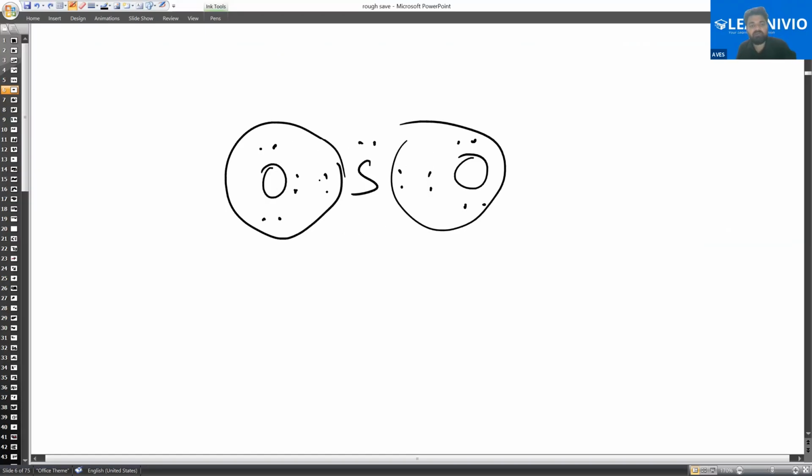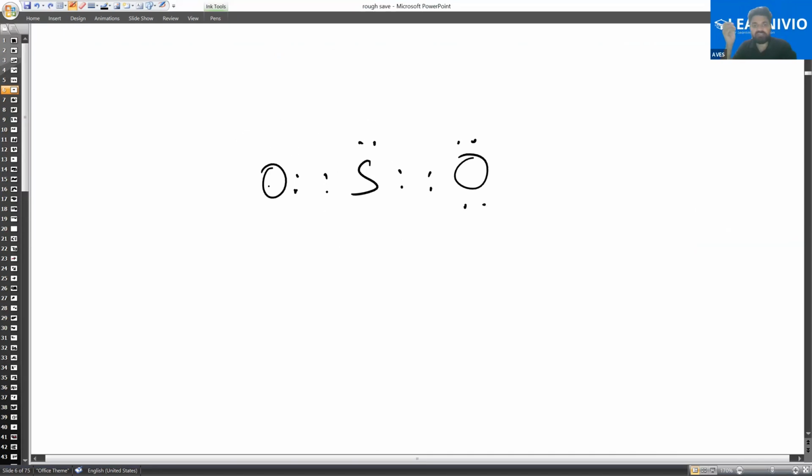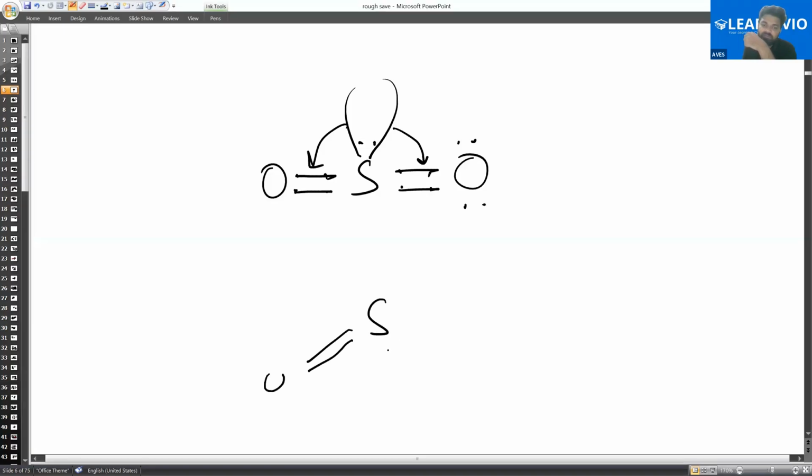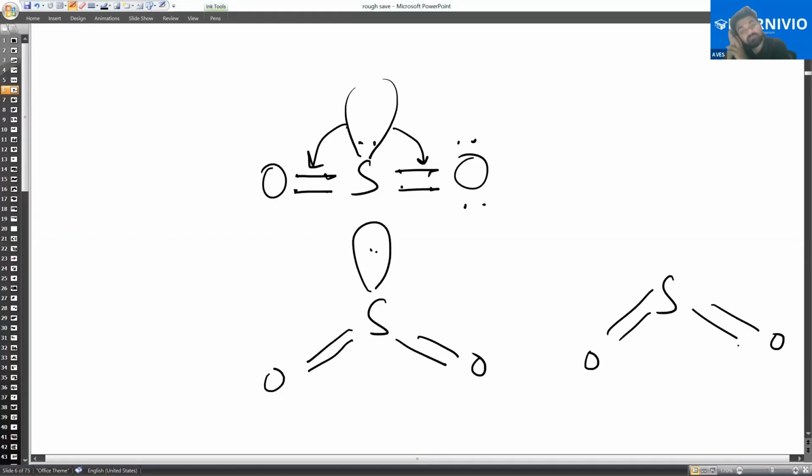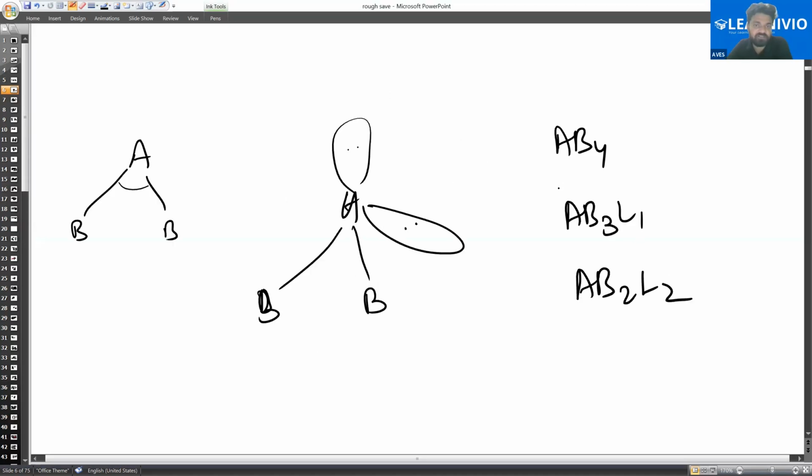Sulfur goes beyond 8. Because of this electron cloud, these two are participating, but these electrons are not participating. So this lone pair will exert a force on the bond pair of electrons, and this will result in bending. The shape of this one will actually look like this. Got it? Yes. This one is bent shape, or V shape.